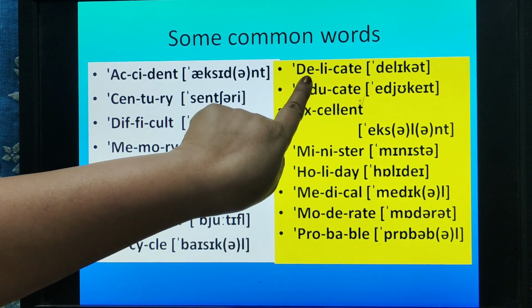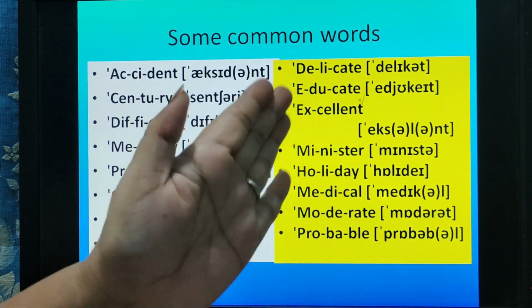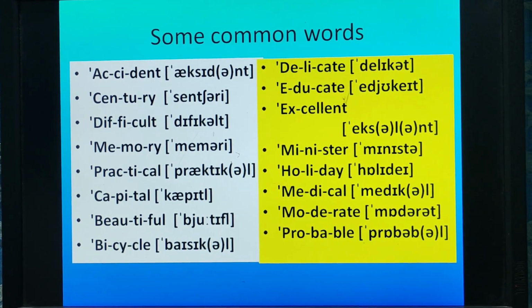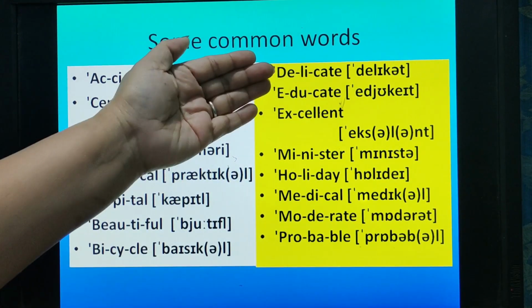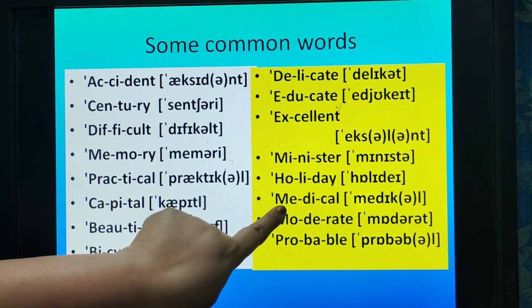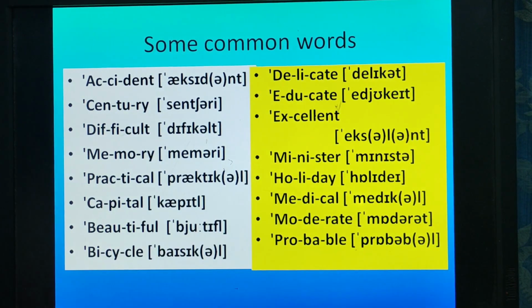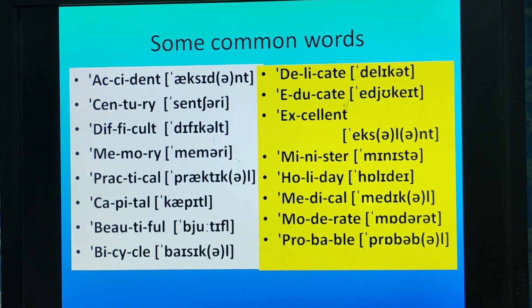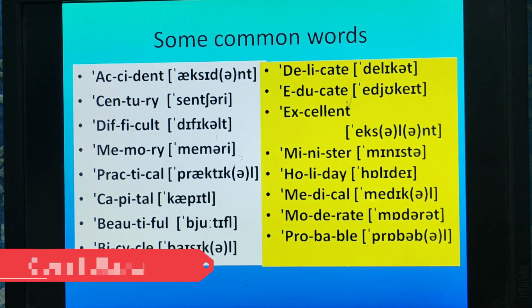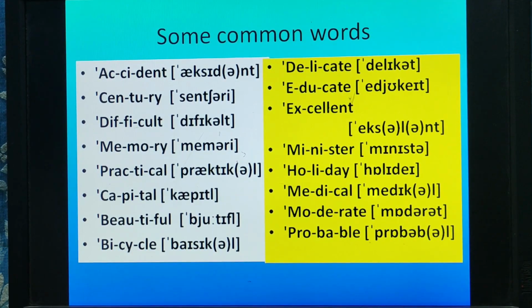So E is a vowel and E ends the syllable, which is perfect. Sometimes you may not be able to, but if you look at all of them here, me, mo, this I, o, e, o, all of them are ending in a vowel. Such endings are known as open syllables. Try to make an open syllable whenever possible, but sometimes there might be exceptions.